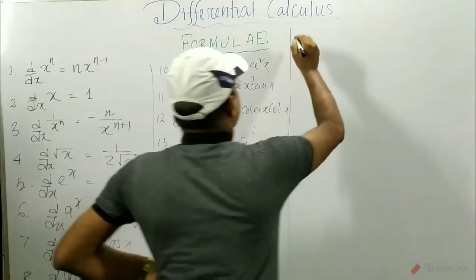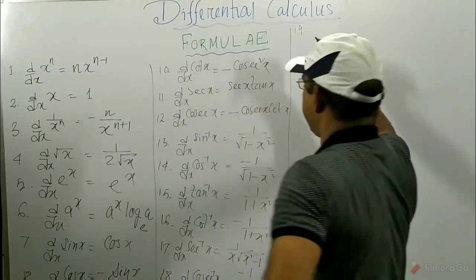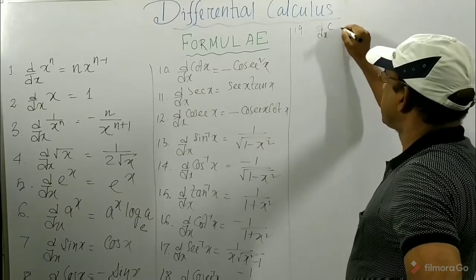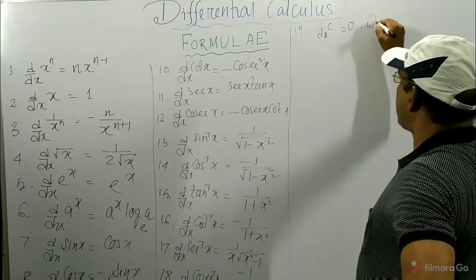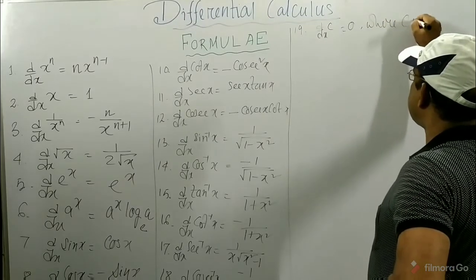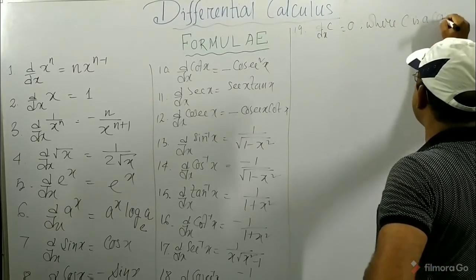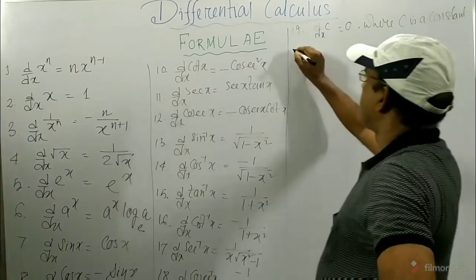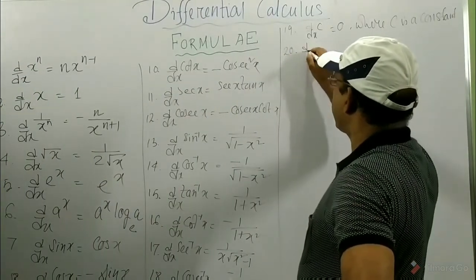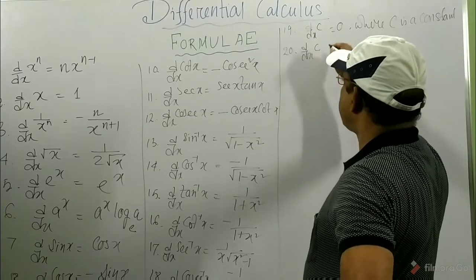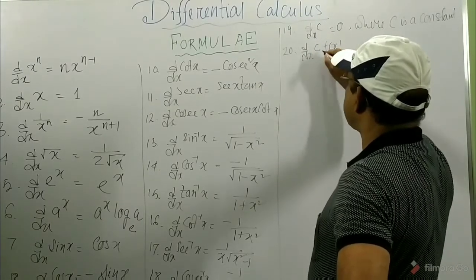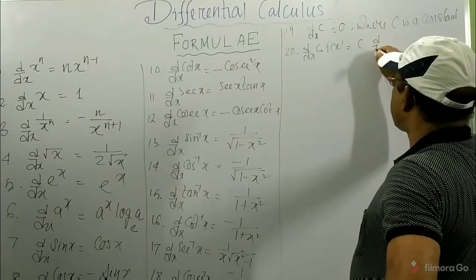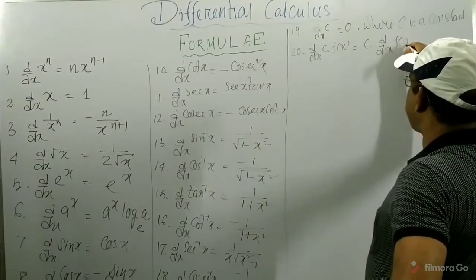Now 19, d/dx of c is 0, where c is a constant. Number 20, d/dx of c into f(x) is c times d/dx of f(x).